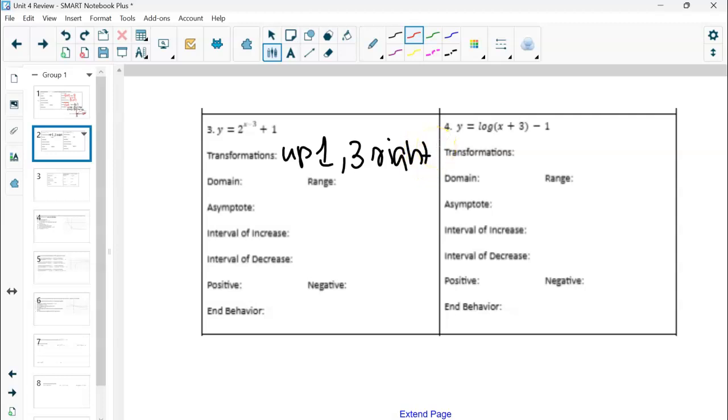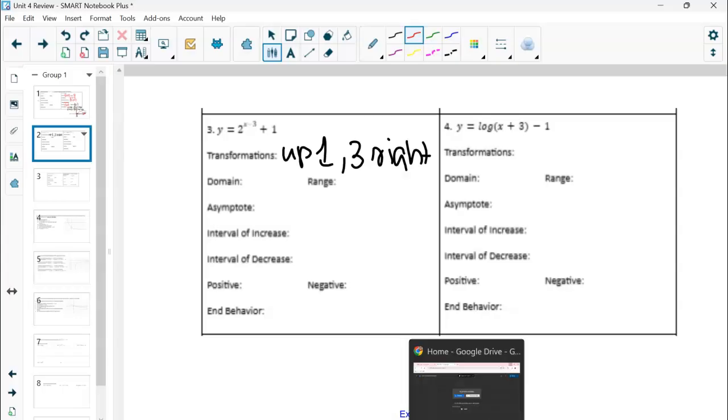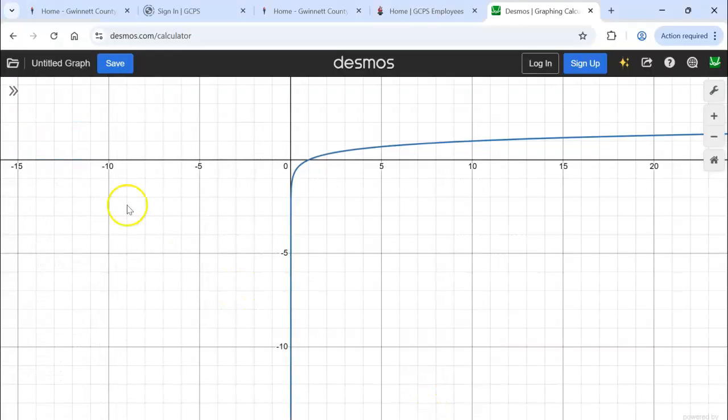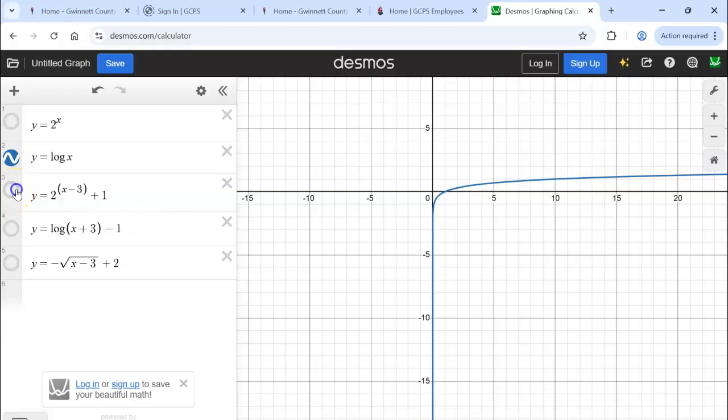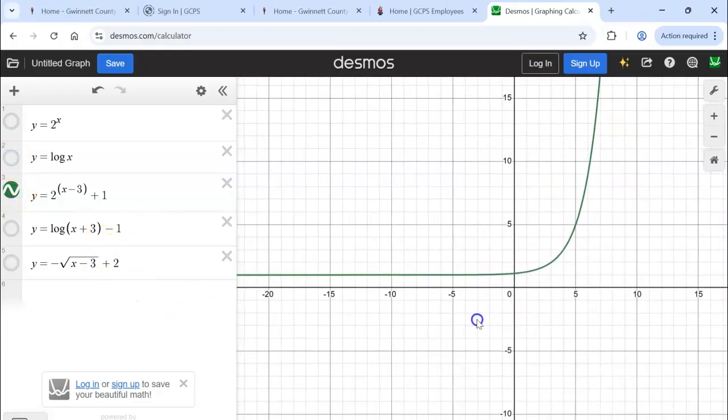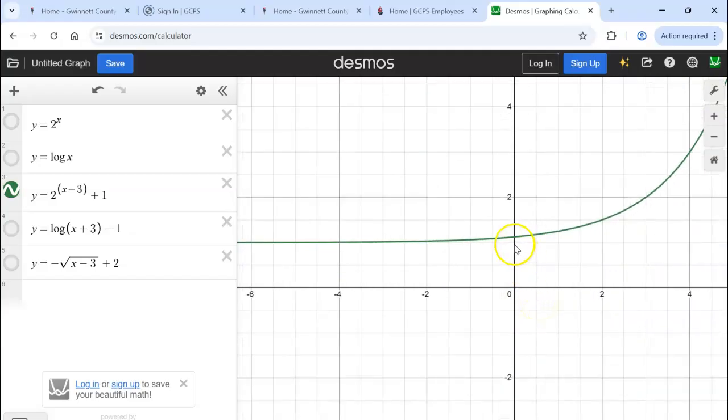Okay? So now, domain and range. Let's see up here what the function looks like. So let's turn this one off and turn this one on. All right, so the function is a little bit moved. My asymptote right now looks more like it's approaching 1 here. Okay, so if you look at right here, the y value is 1, getting closer to 1.